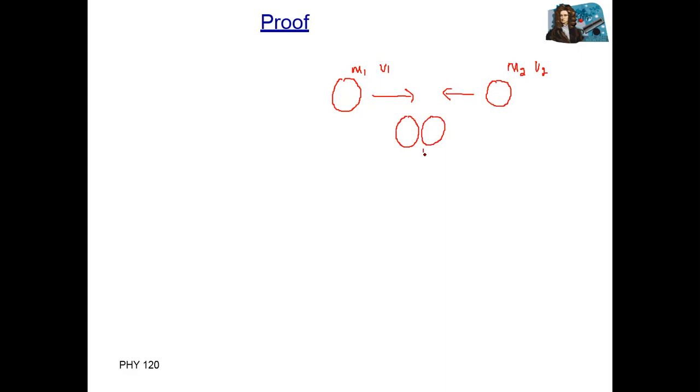After collision, they will move with different velocities. Let's suppose mass number 2 is moving with v2 prime and mass number 1 with a different velocity, v1 prime.